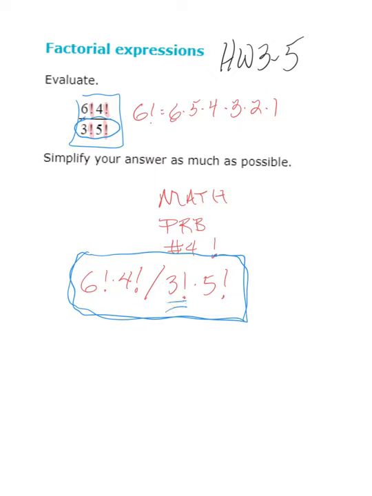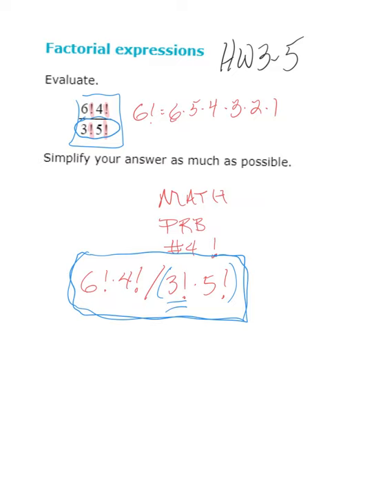So if you're going to use your calculator, you need to put parentheses around the denominator to make sure everything gets divided by both of those factorials.